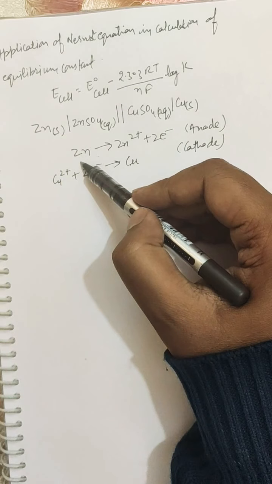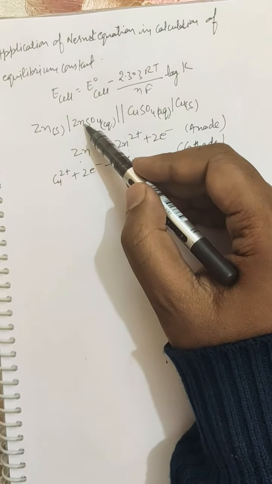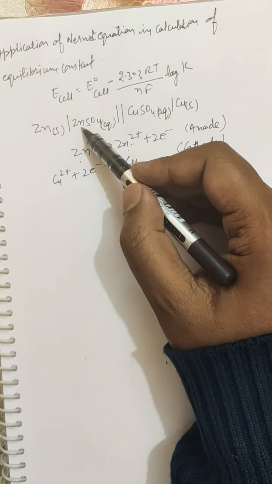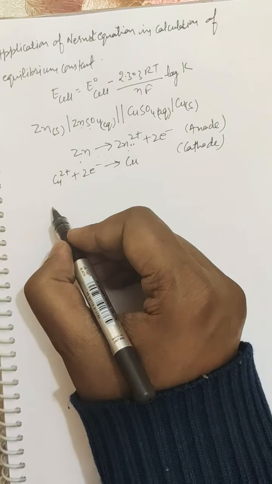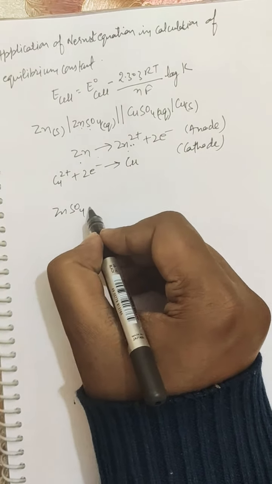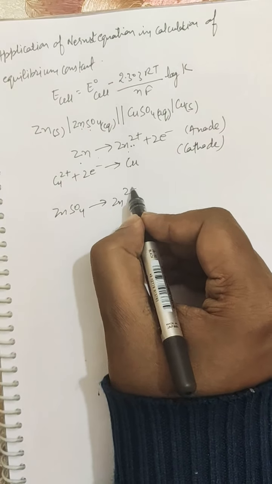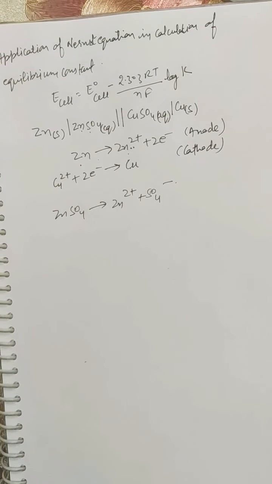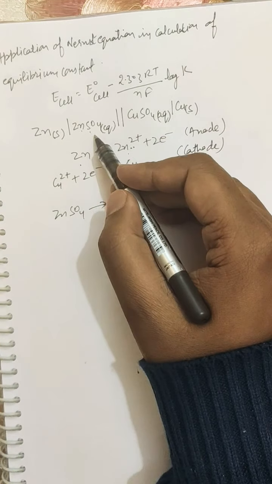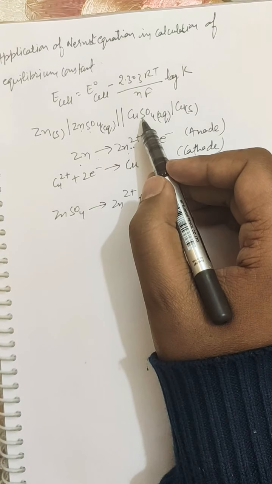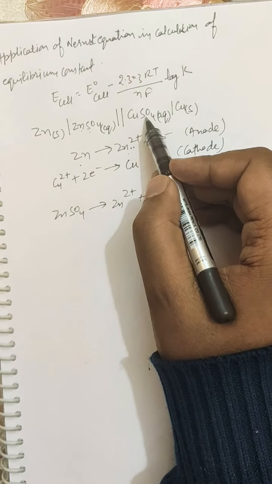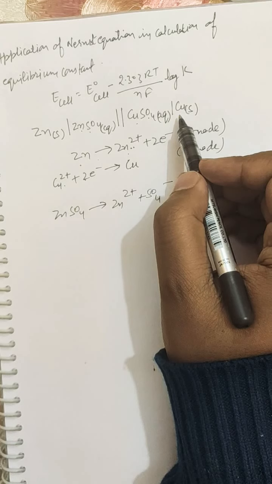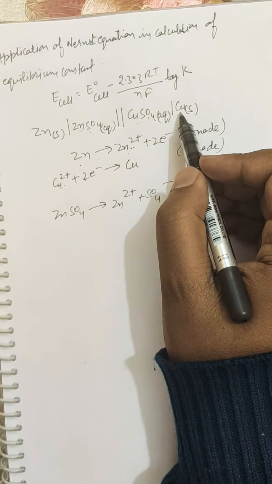Because zinc is undergoing oxidation and converting itself into zinc 2 positive, and zinc 2 positive is present in zinc sulfate. Basically, zinc sulfate is zinc 2 positive plus sulfate ion. As the reaction proceeds, the concentration of zinc sulfate increases and that of copper sulfate decreases, because copper from copper sulfate is undergoing reduction to copper solid.